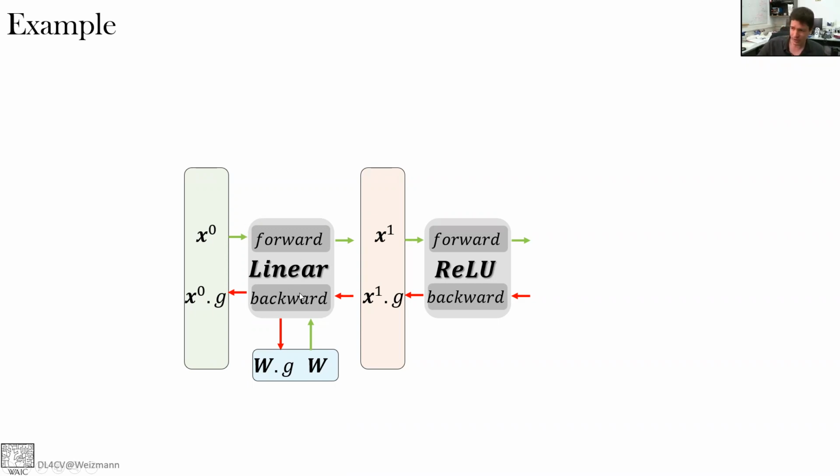And we know that the gradient of a linear function is just taking the transpose of this matrix. And we'll already see how to calculate the derivative with respect to the parameters themselves. So it's really super easy to do.